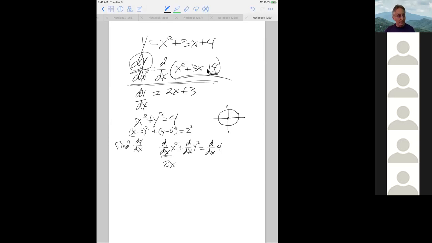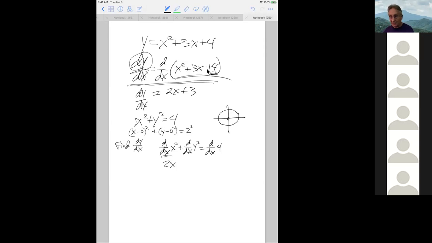So that means one of the important facts about the situation is that y is a function in terms of x. Okay, so the situation is that x is the independent variable, and y is a function of the independent variable x.